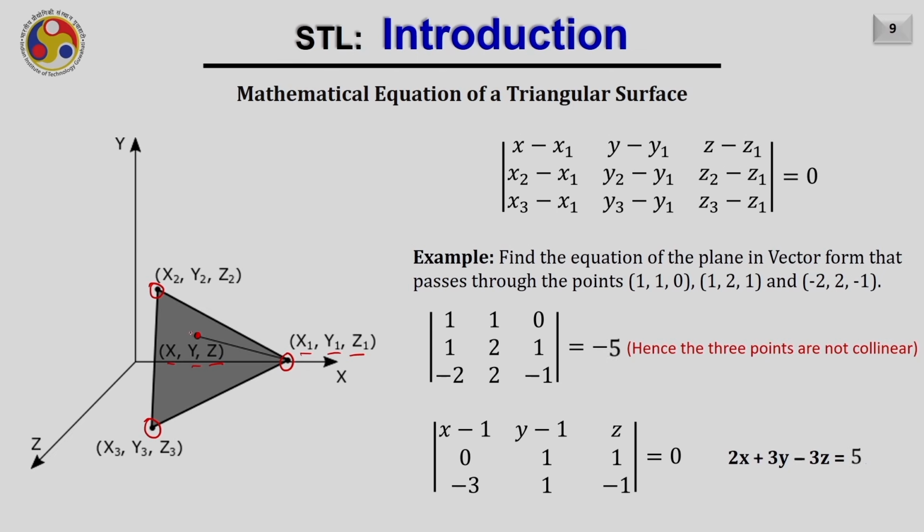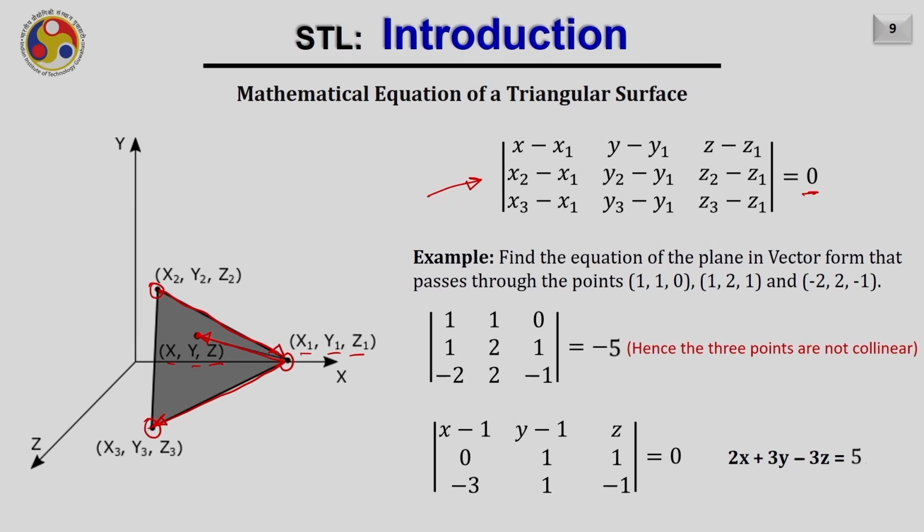Now, if this point is lying on the surface of the triangle, then I can say that these 3 vectors, the vector connecting this point to this point, this vector, then this vector and this vector, are going to be coplanar. If these 3 vectors are coplanar, then definitely I can say that the determinant of this particular matrix will be 0. I will utilize this rule and I will find out the implicit equation of this surface.